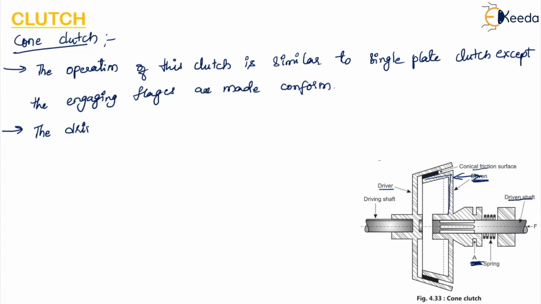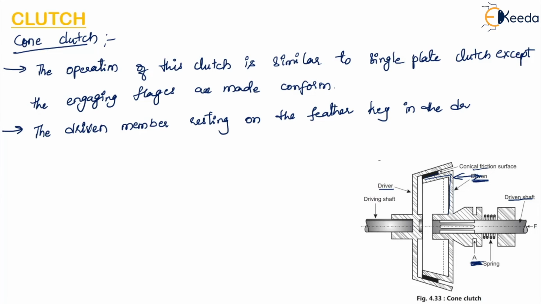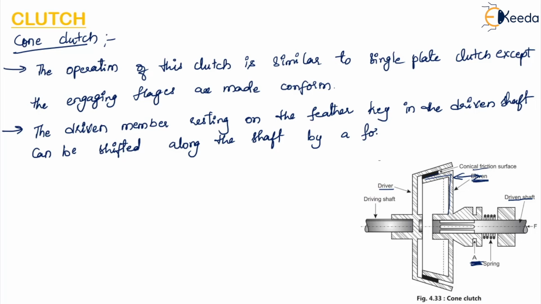The driven member resting on the feather key in the driven shaft can be shifted along the shaft by a forked lever A for bringing the frictional surfaces in contact.